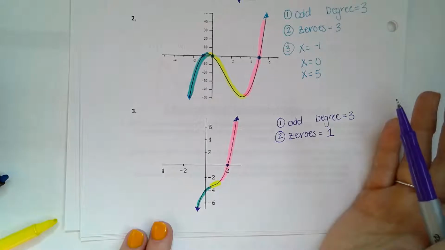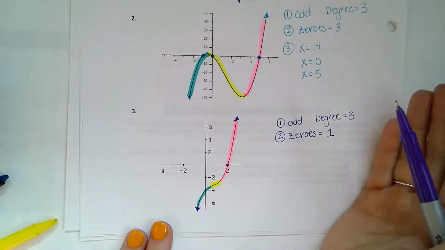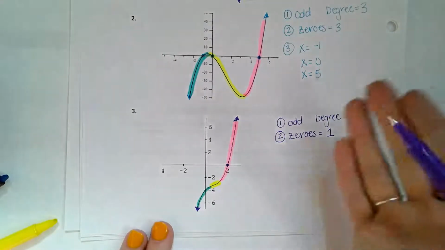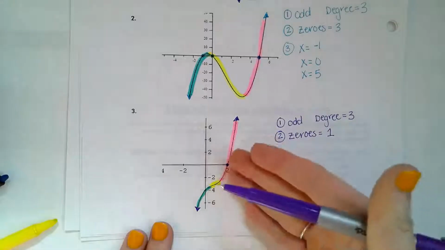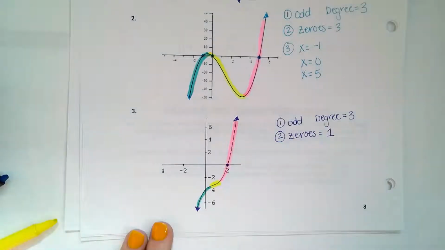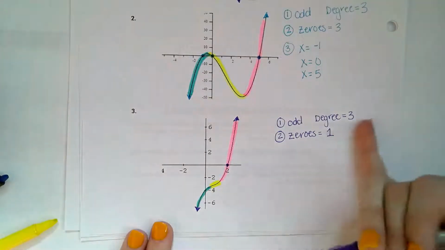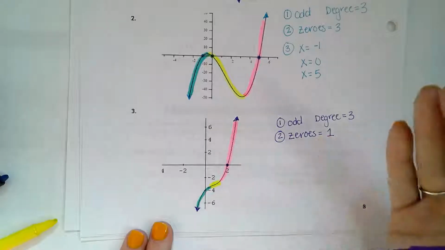You will go into more detail with imaginary numbers once you get into Algebra 2, so we won't go into a whole lot of detail. Just know that there are 3 zeros, but only one of them is real and the other 2 are imaginary. So here's a case where they won't necessarily match.